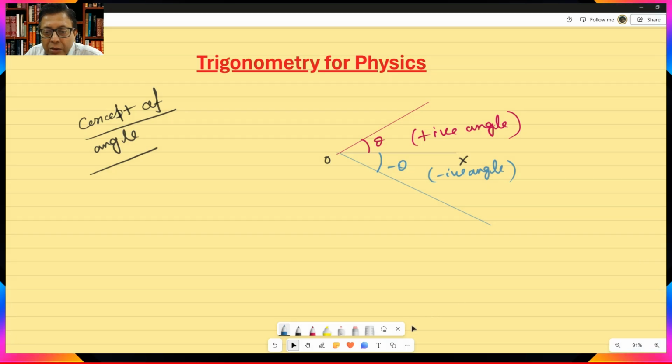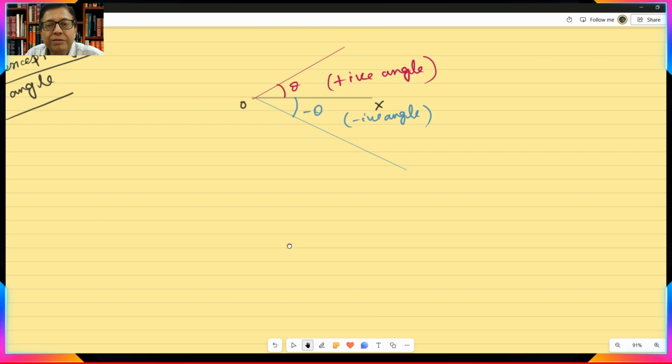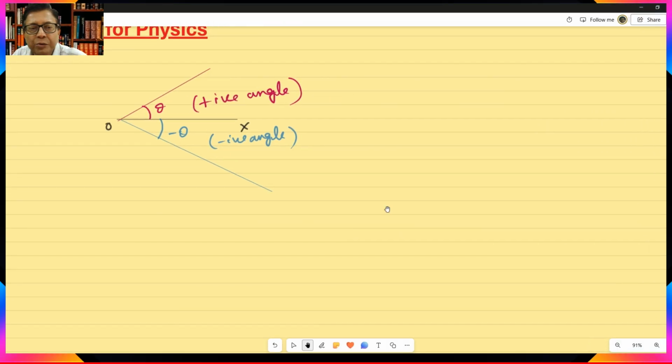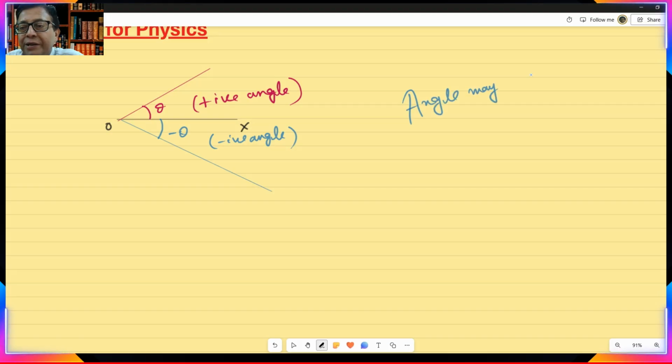Now, we are going to learn the circular measure of angle. So obviously a circle will be involved. Before that, I tell you, in class 11 physics or mathematics, angle may be acute or obtuse.